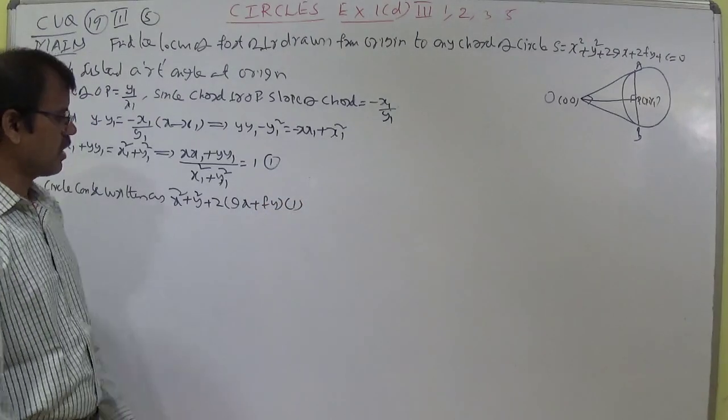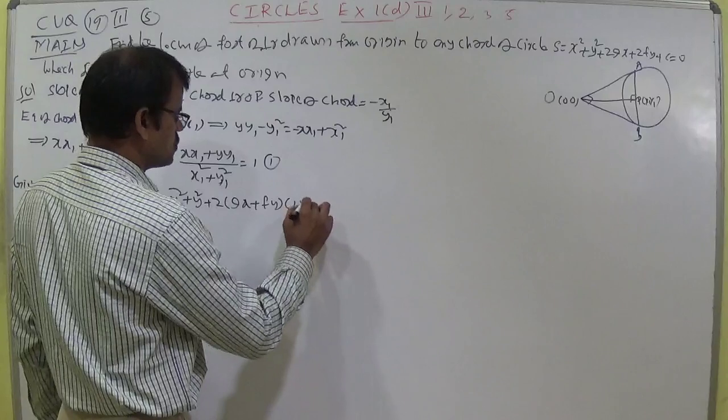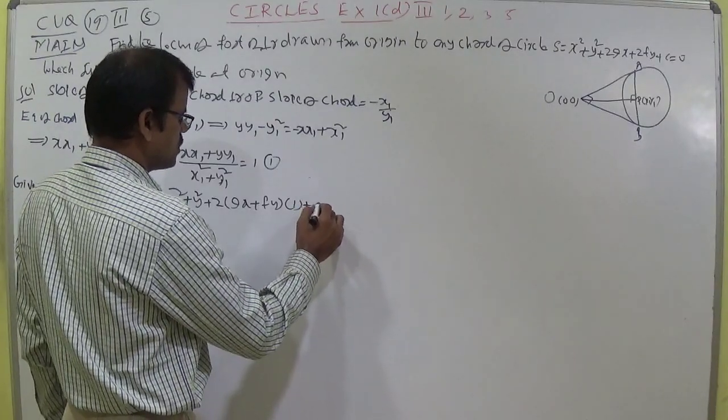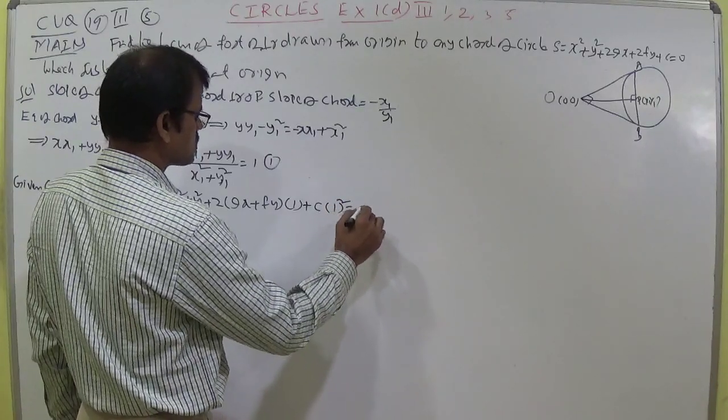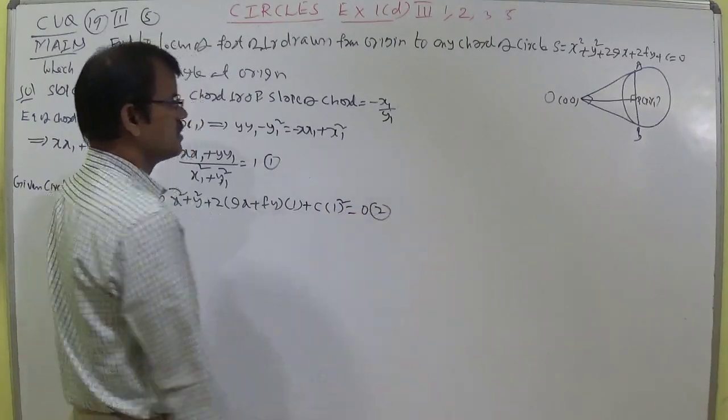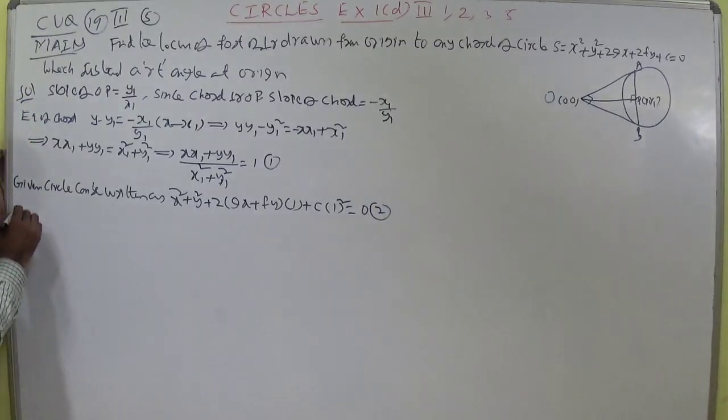I think you remember the concept which you used in first year. Plus c into 1 square equal to 0. Let it be second equation. Now we can write, homogenizing with 1, we get.